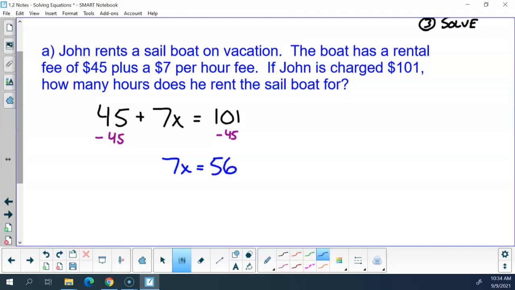Then? Divide by 7. Okay. And then lastly, what we're going to do is we're going to check it.